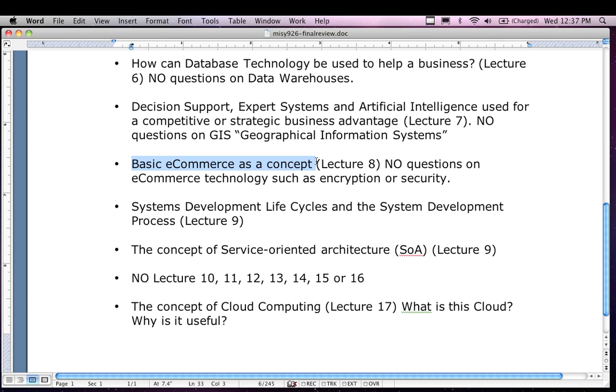Salesforce.com would be a good example, where you're not buying and installing the software. Instead, you're subscribing to a service provider who's giving you software and utilities. In Chapter 9, you can get a formal definition of that. But the true-false question is on the definition of service-oriented architectures, by definition.